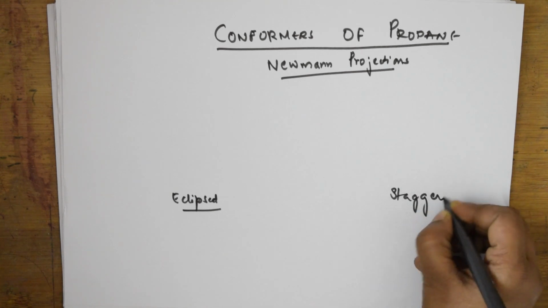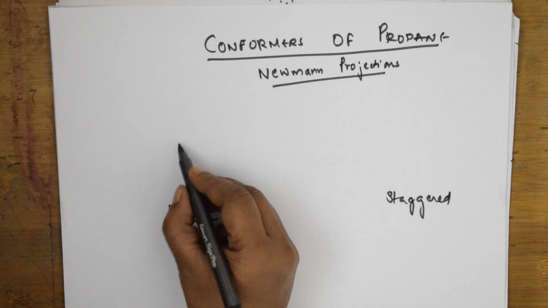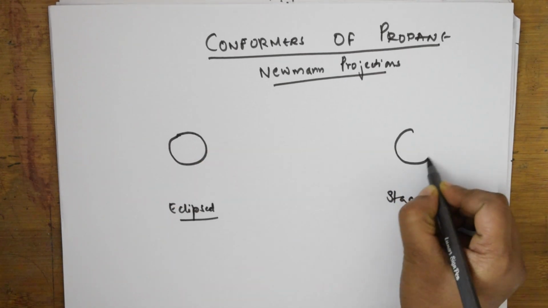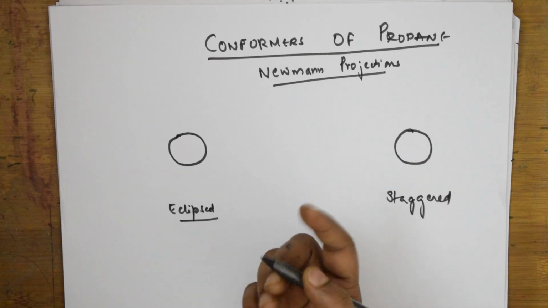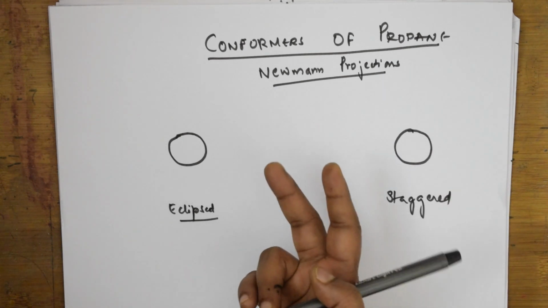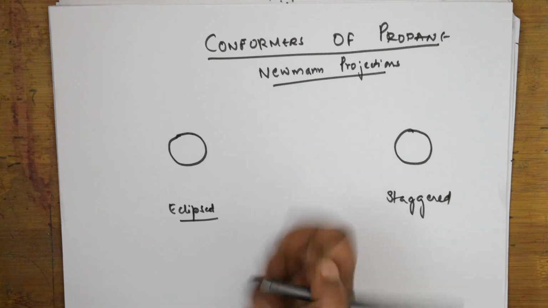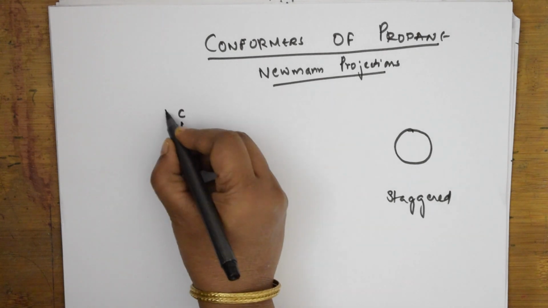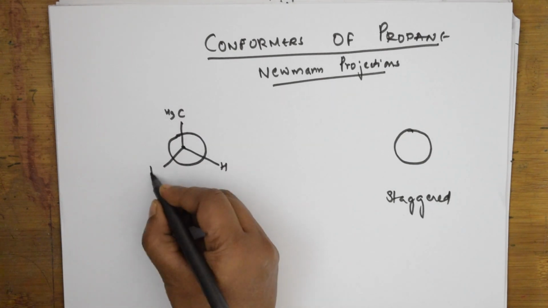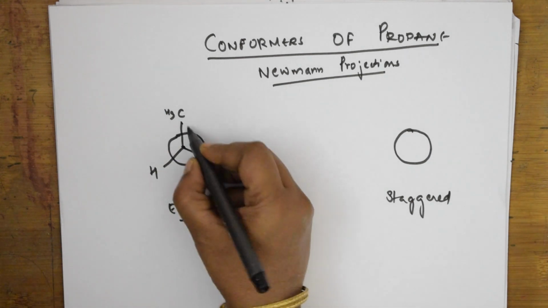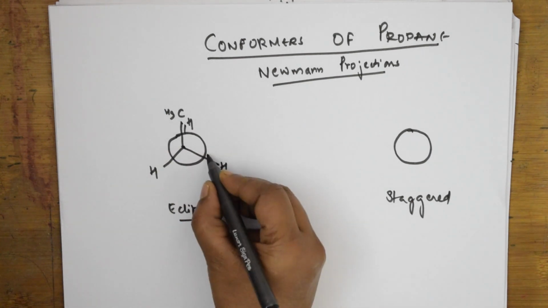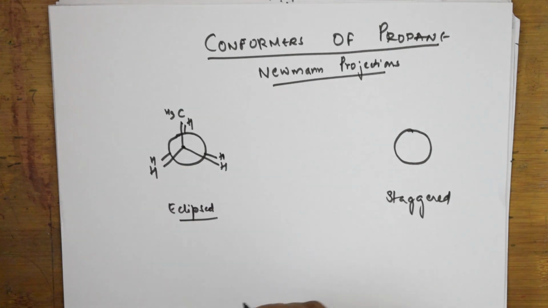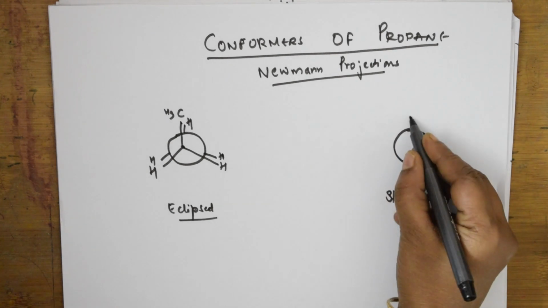In the Newman projection eclipsed form, we said there are two, the front carbon atom and the rear carbon atom. So this is the propane molecule. First CH3 is here, hydrogen, hydrogen. Now at the rear carbon, this hydrogen is very close by. In eclipsed they will be close by. You have to remember that.